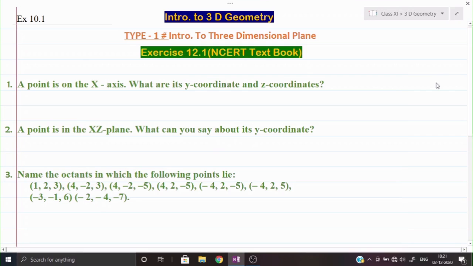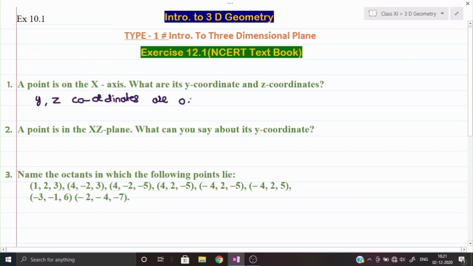If a point lies on the x-axis, definitely its y coordinate will be 0. And here in three dimensions, the z coordinate will also be 0. So here we say the y and z coordinates will be 0. So this is your first answer.